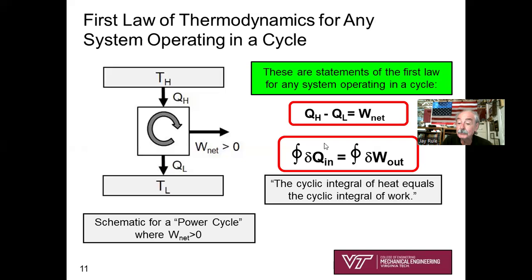Now, if you're graduate school bound, maybe not quite as obvious, it says the cyclic integral of heat in exactly equals the cyclic integral of work out. That's not quite as actionable, is it? But that is the correct mathematical way to state the first law for any cycle. So if you're thinking about graduate school, that's going to be your starting point for graduate level thermodynamics.